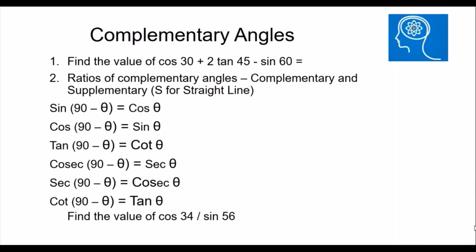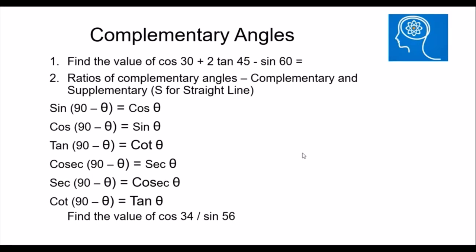Because sin 90 minus theta is equal to cos theta, that means 34 and 56 are complementary angles. So it will be cos 34 upon cos 34, which is equal to 1. The answer is 1.